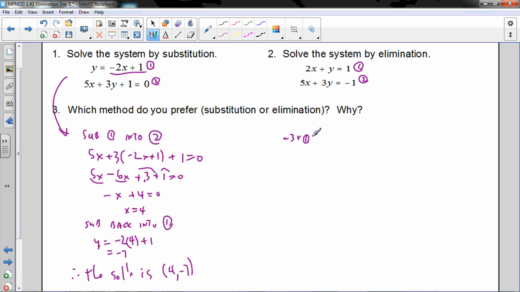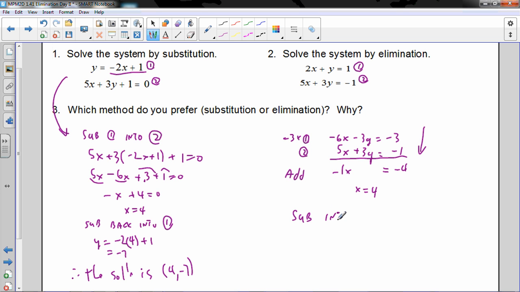So I'm going to go negative 3 times 1, write that new equation down, and then I'm just going to copy equation 2 underneath. And remember, I really like to have a positive and negative here so I can just add down. The book will subtract at times, and you're welcome to subtract, but this is a way that I can avoid goofing up my negatives. Divide by negative 1 and I get x equals 4.